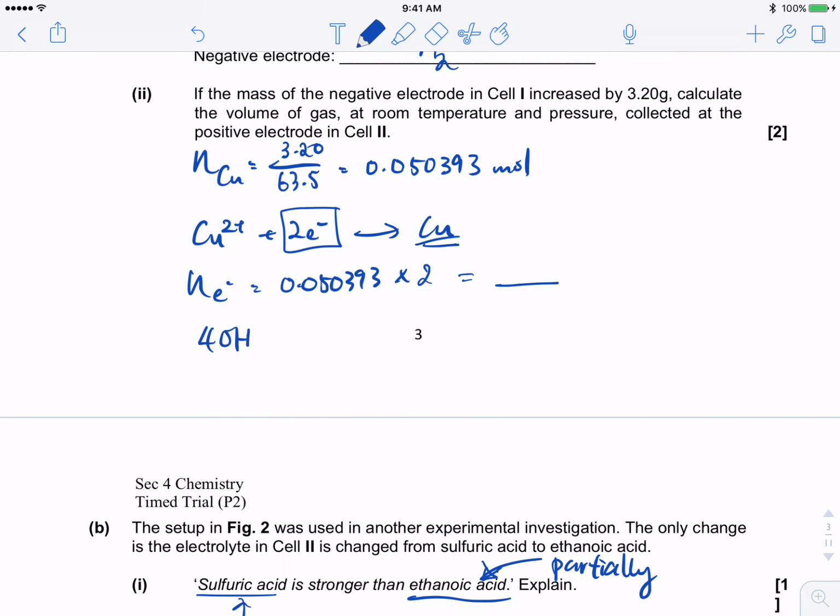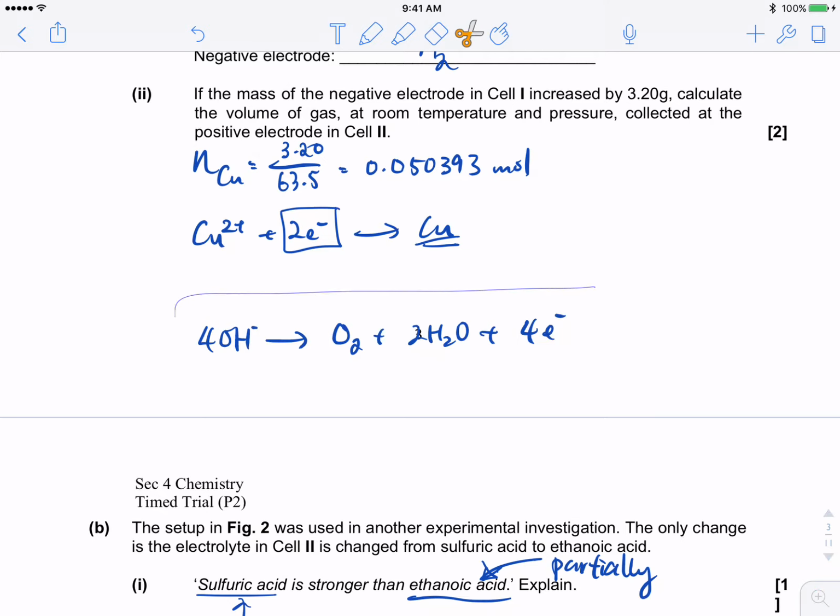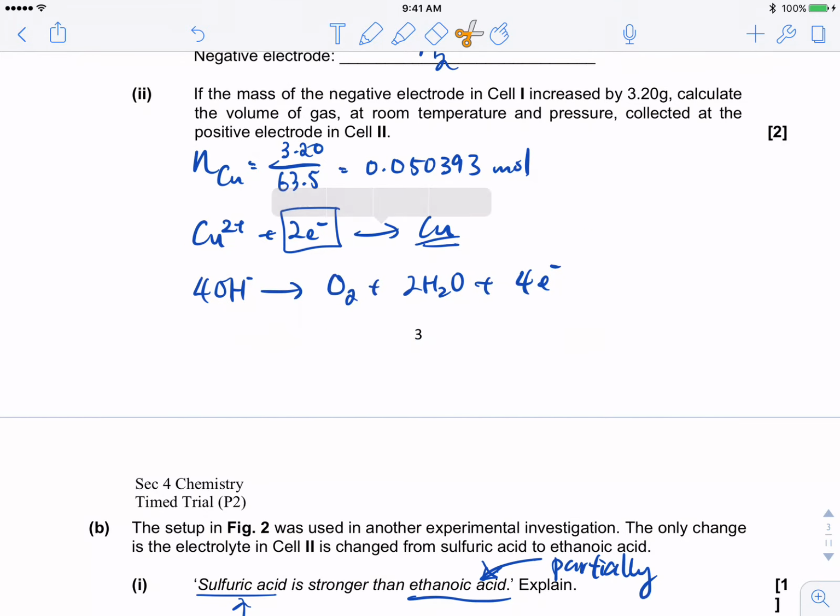So 4OH minus gives us O2 plus 2H2O plus 4e minus. Okay. Actually, we don't need to calculate the number of moles of electrons here. You can just combine the two half equations together and you get the overall equation. Okay, so the overall equation will be 4OH minus plus 2Cu2 plus gives us 2Cu plus O2 plus 2H2O.